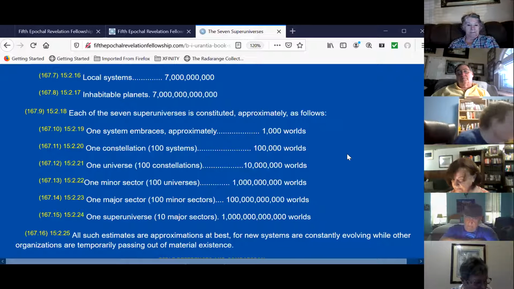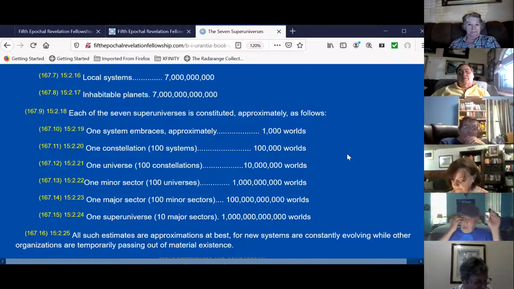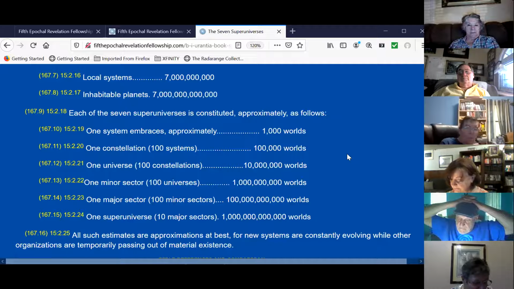One constellation with 100 systems has 100,000 worlds. A universe that has 100 constellations has 10 million worlds. One minor sector that has 100 universes has 1 billion worlds.